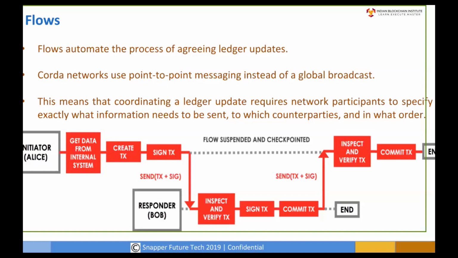So in Corda, flows coordinate the ledger update, which requires the network participant to specify what exact information needs to be sent, that is, what asset or the information regarding the asset needs to be sent to the counterparties.